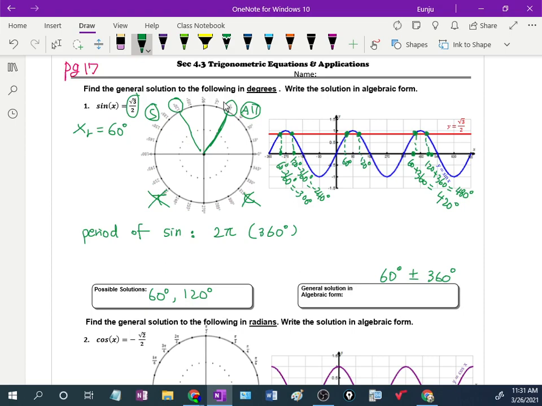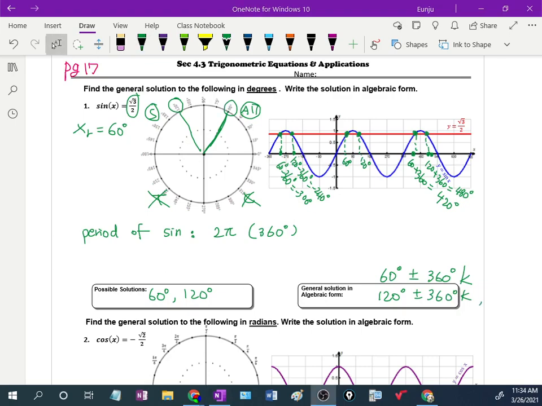N or K? K, okay, K, like that. Okay, why did I put plus minus? Because we can go backwards. Negative means opposite direction. Another solution will be 120 degrees plus or minus 360 degrees K. Make sense?